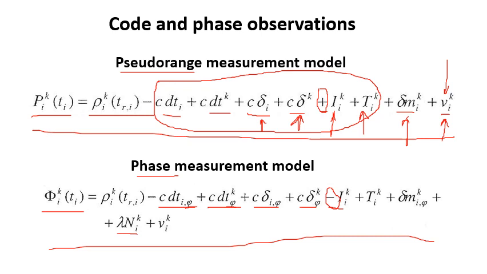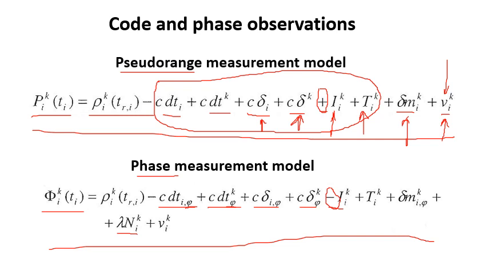In order to make our phase measurements efficient for geodetic positioning, we also need to estimate the number of full cycles at the turning on time of the receivers. So the pseudo range measurements and phase measurements are modeled in this way.